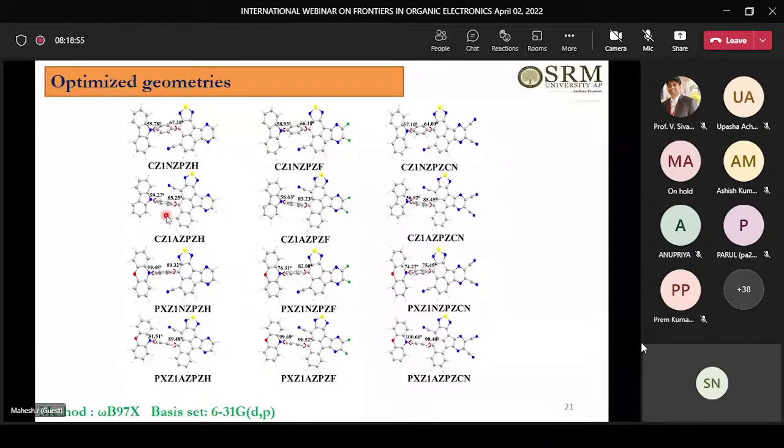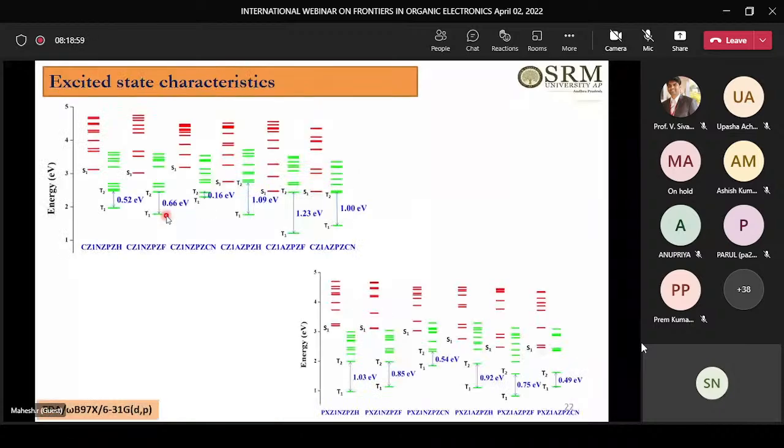We have studied the lowest 10 singlet and lowest triplet states, and we have identified that among all the molecules, only three molecules obeyed the first condition, which is having a larger T1, T2 gap. So we have taken these three molecules for further evaluation.